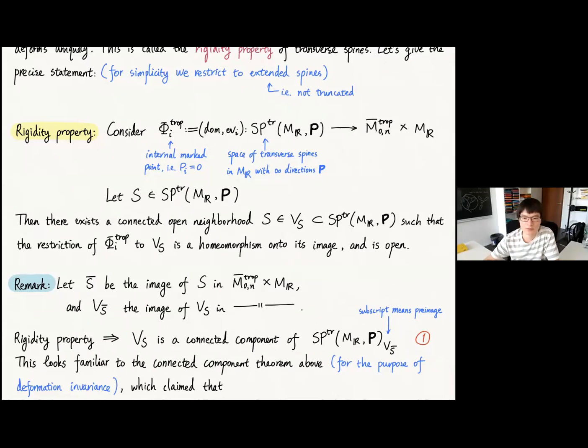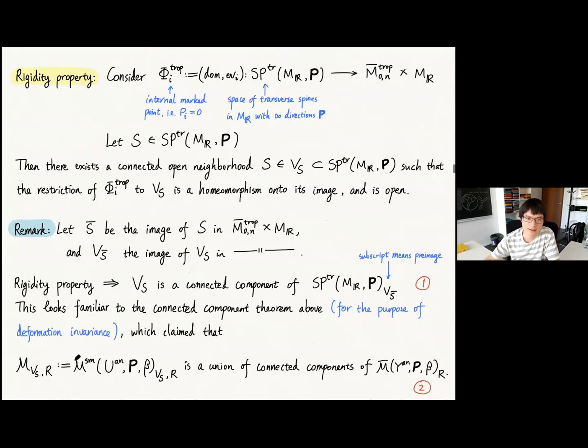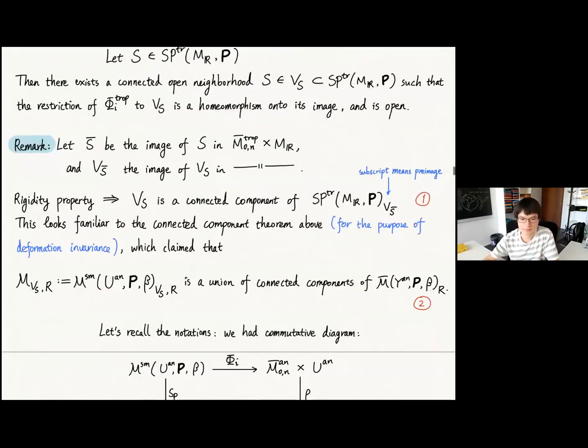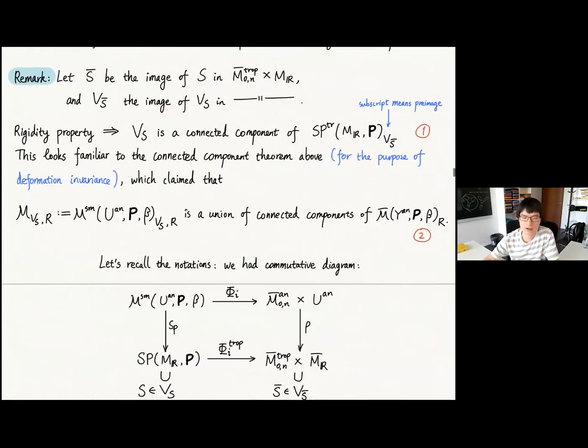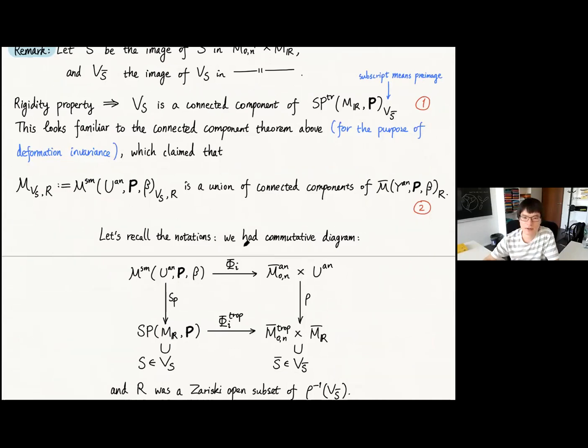For the purpose of deformation invariance, we stated the main theorem of this talk, the connected component theorem, which claimed that the restriction of M smooth to Vs and R is a union of connected components of the proper moduli stack M bar restricted to R. So let's recall the notation from the connected component theorem.